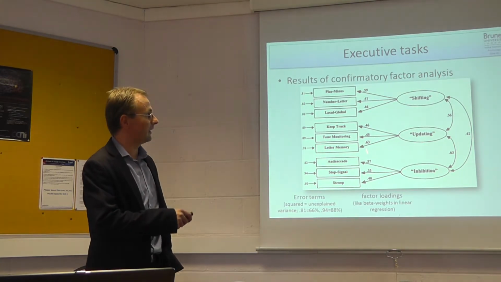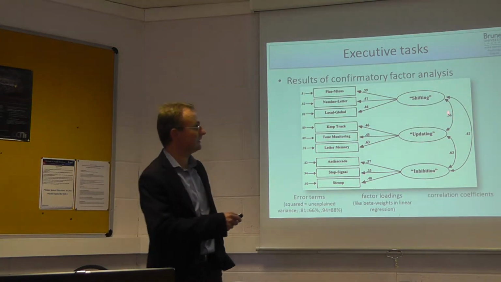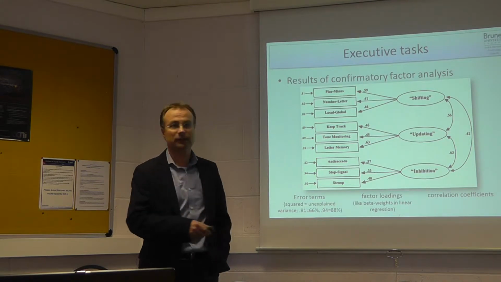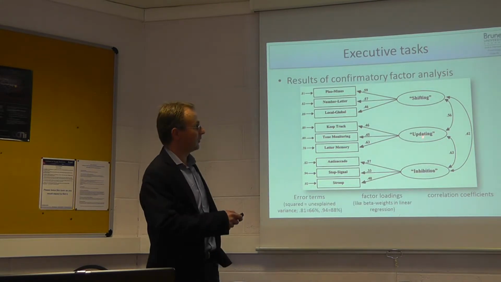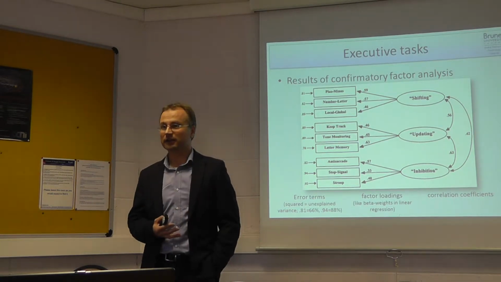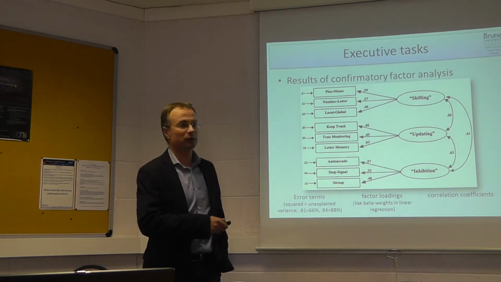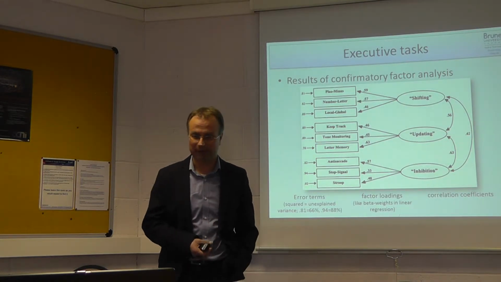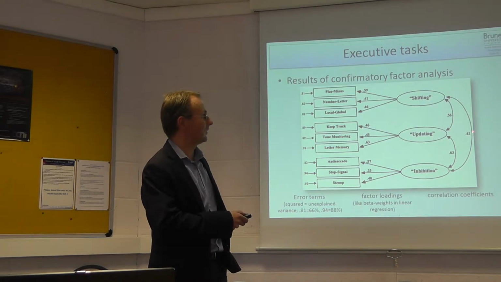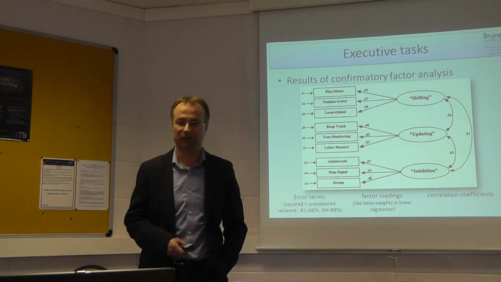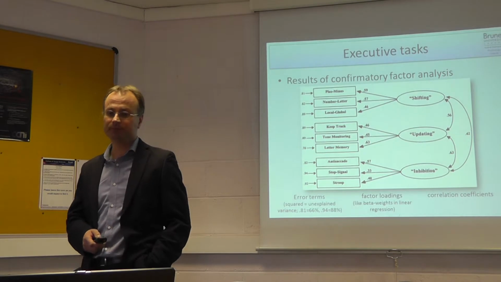And finally, these lines reflect correlation coefficients. So how strongly are these latent variables related to each other? And you see they are moderately correlated with each other, around 0.42 to 0.63.